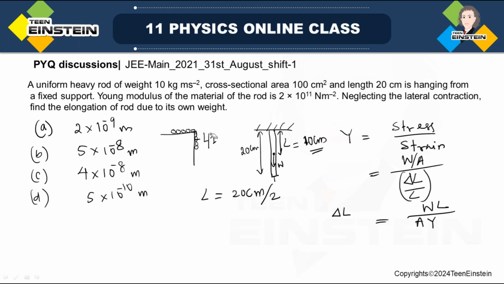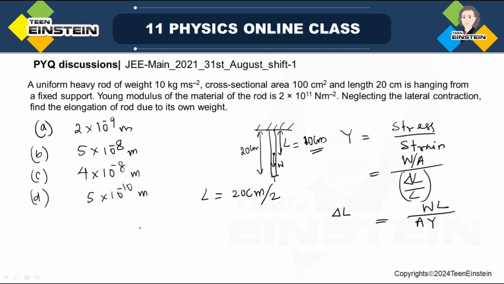So I hope you remember this chain problem. Similar to that here, we will just write L by 2. If I take the whole thing as L, then L by 2, or L is equal to 10 centimeter, that's all.